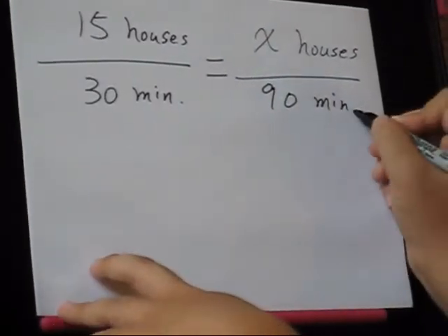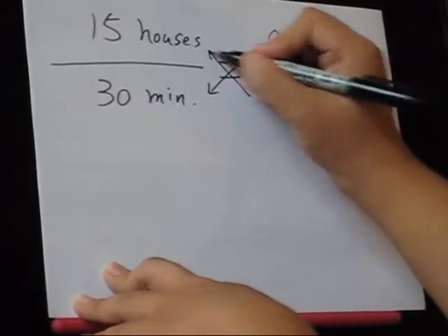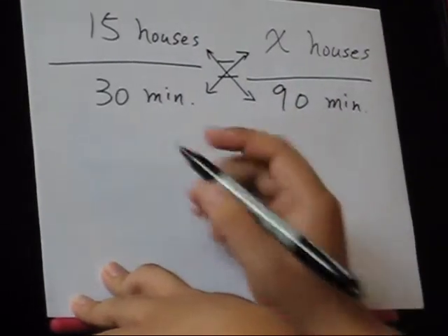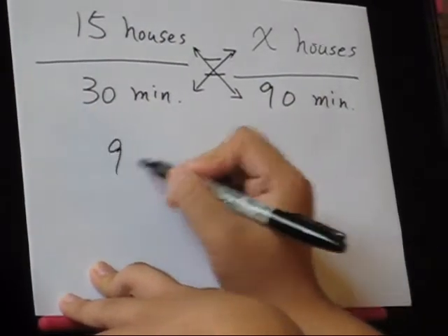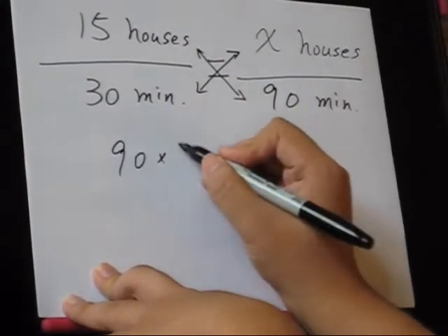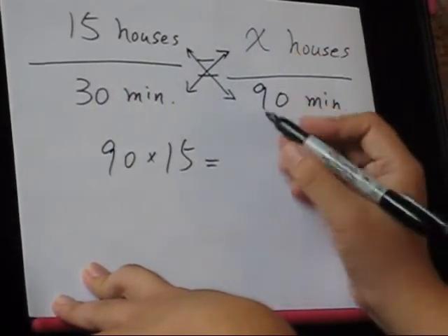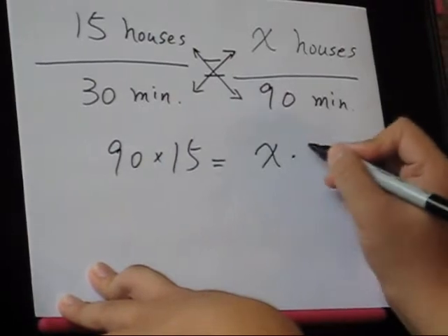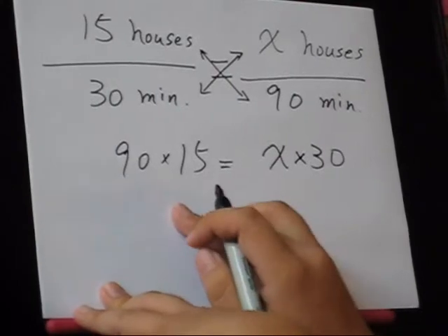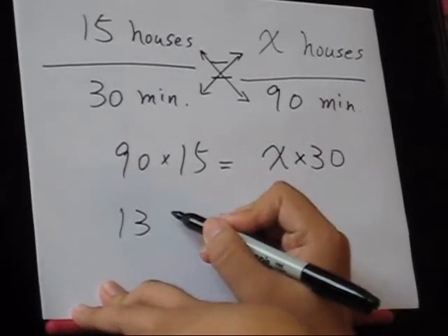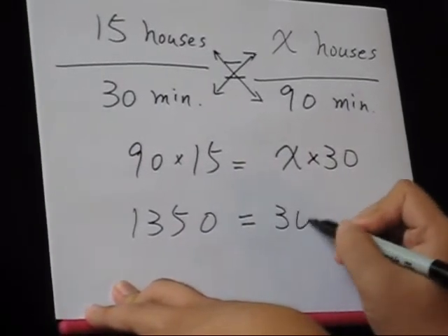So what we are going to do is cross multiply. So we will have 90 multiplied by 15 on the left side equal to x multiplied by 30. And so on the left side we will have 1350, and on the right side we will have 30x.